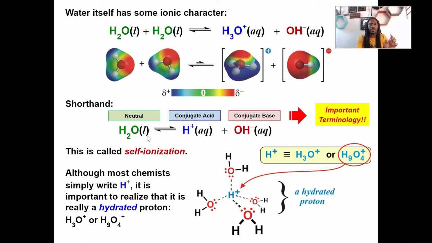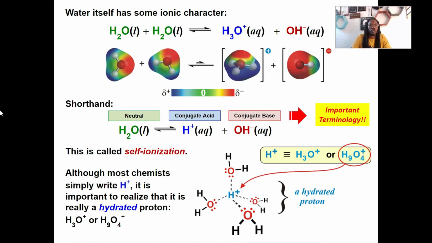This water can be a conjugate acid and a conjugate base. These are very important terms you want to know going forward, which we'll talk about more in upcoming videos. For now, just understand that water can act as both an acid and a base. We call this process self-ionization.